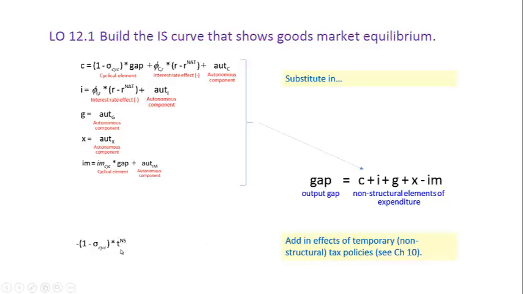So the idea is, let's suppose that this is $1, and let's suppose that the marginal propensity to save out of each cyclical dollar or transitory dollar is 70%. That means that we'll be consuming only 30% of our tax cut. So if we have a tax cut of $1, we increase our consumption by 30 cents.